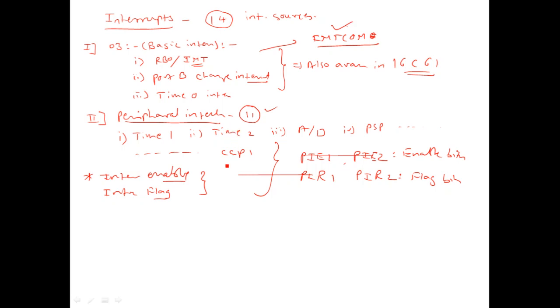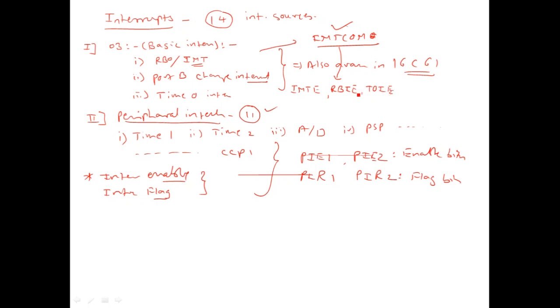For example, your interrupt control register will contain bits like INTE, the external interrupt enable bit, port B change interrupt enable bit, and timer 0 interrupt enable bit.